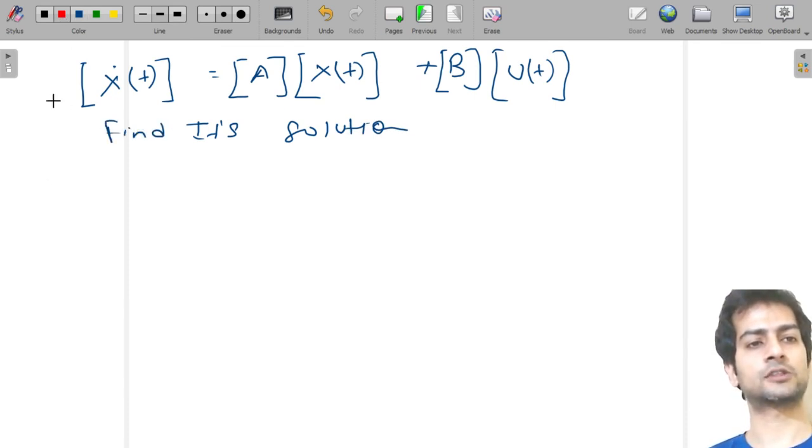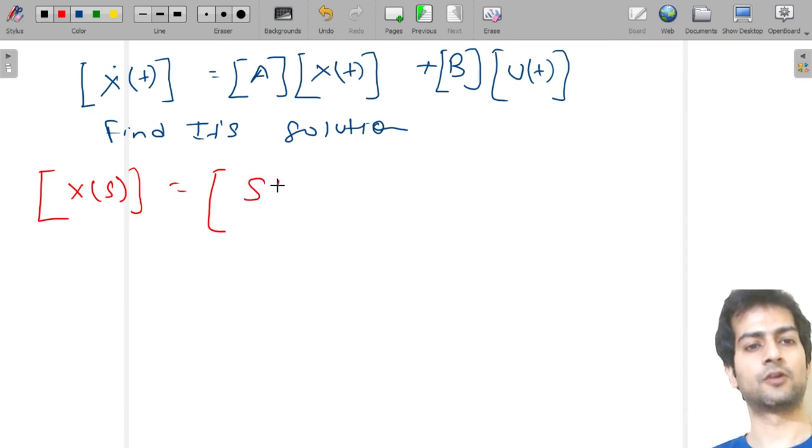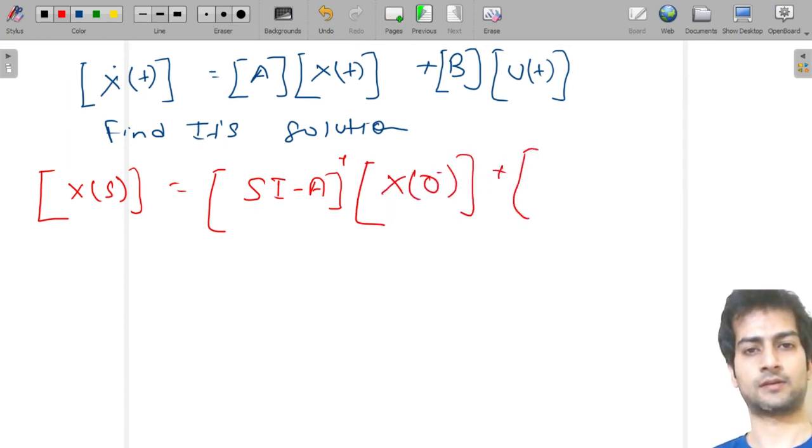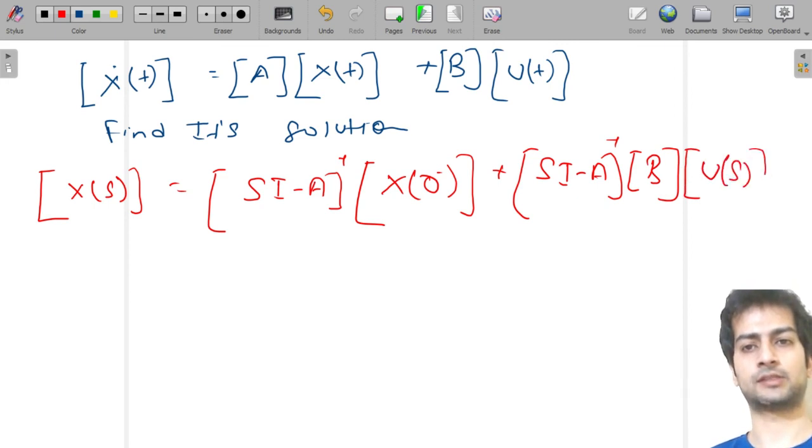So what we got was something like this: (sI minus A) inverse, matrix B and U(s).